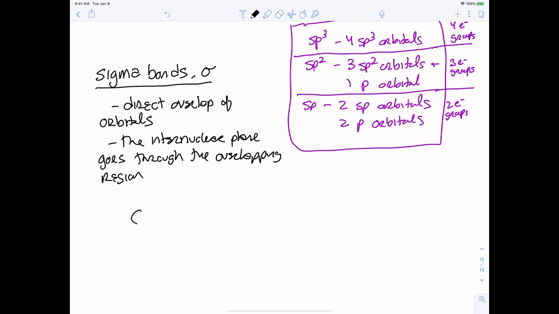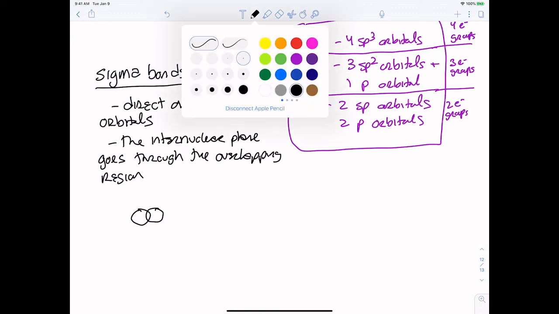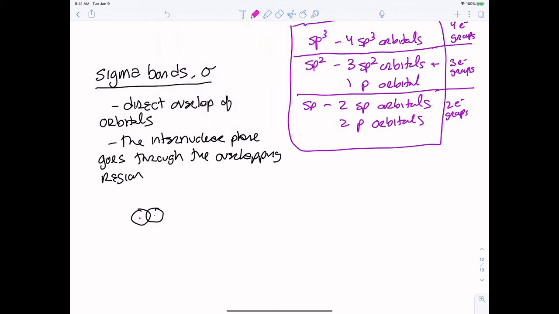So if I was to draw just my two hydrogen atoms, right, so diatomic hydrogen again, and I have a nucleus in here and a nucleus here, and if I was to connect those two nuclei, that line just went right through where it's overlapping. So that would be a sigma bond.